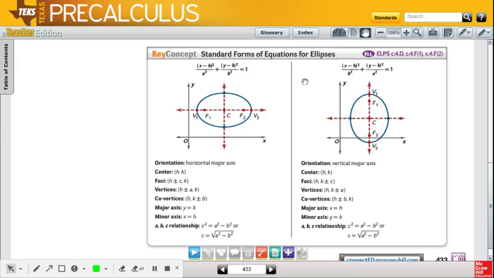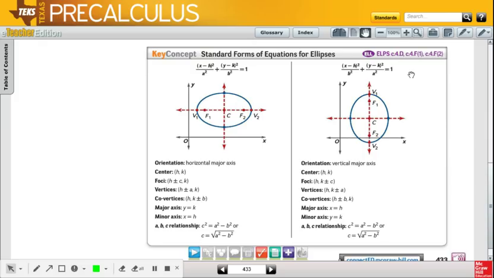If you look at these two equations, this one is the square of x minus h over a squared plus y minus k squared over b squared equals 1. It's very similar, not identical, to the one on the right: the square of x minus h over b squared plus the square of y minus k over a squared equals 1.